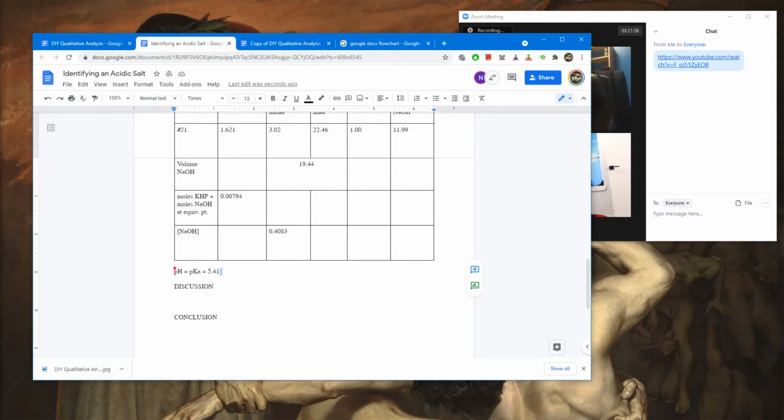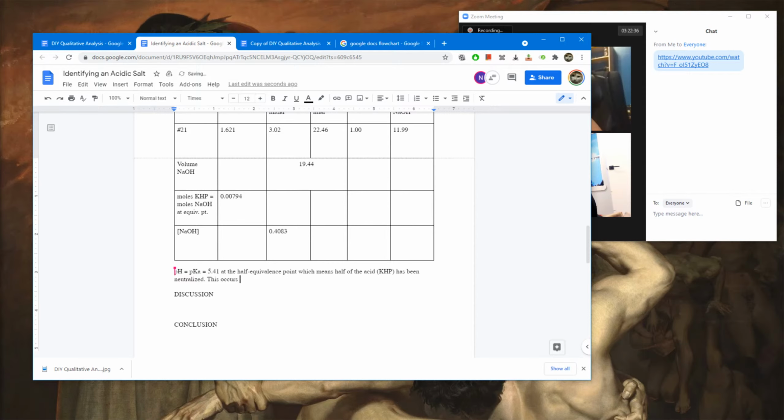So double the volume will be at the equivalence point. So basically, pH is equal to pKa is equal to 5.41 at the half equivalence point, which means half of the acid KHP has been neutralized.